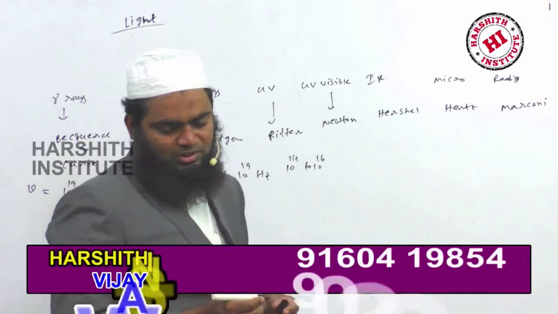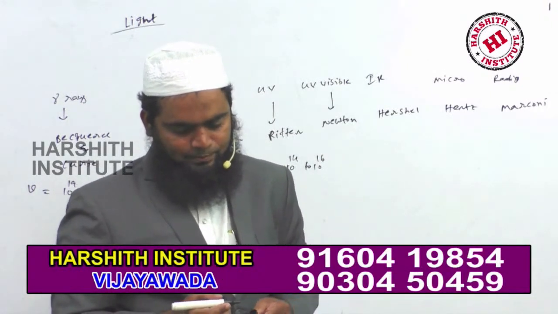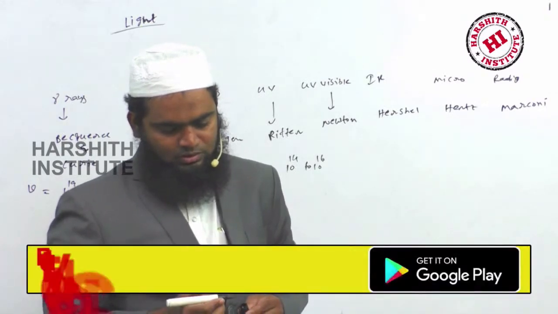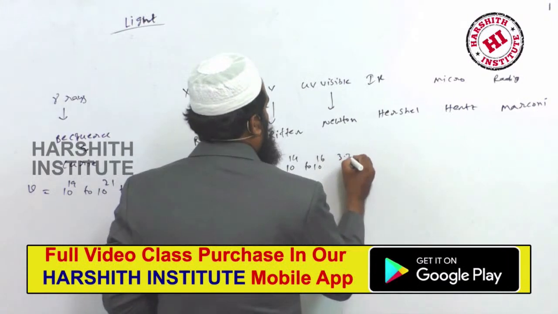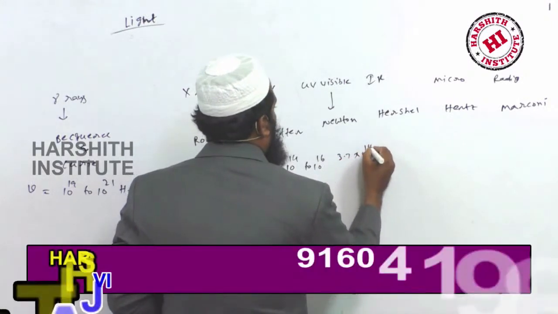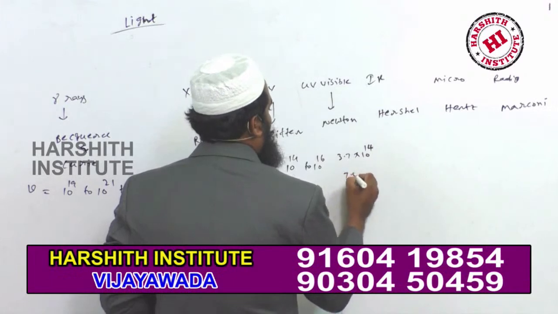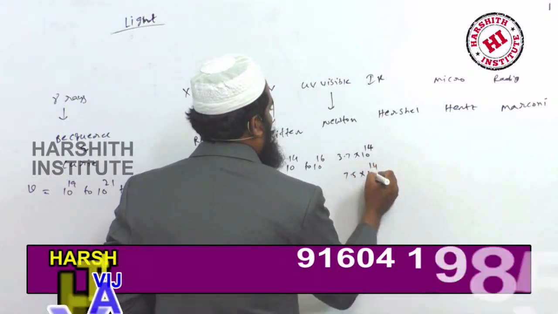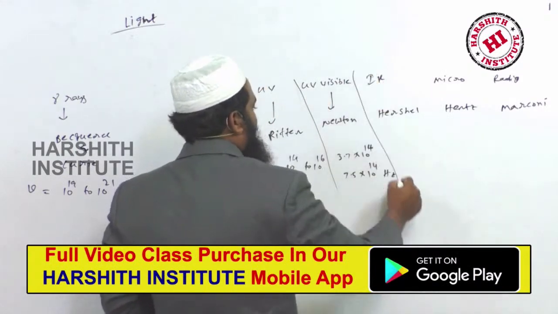Now visible rays contain 3.7 times 10 power 14 to 7.5 times 10 power 14 Hz. This is called the visible range.